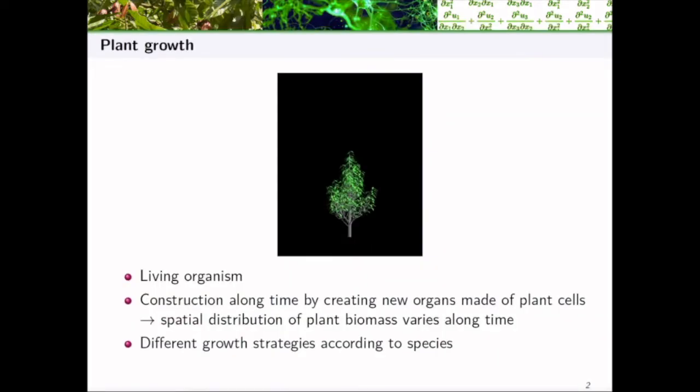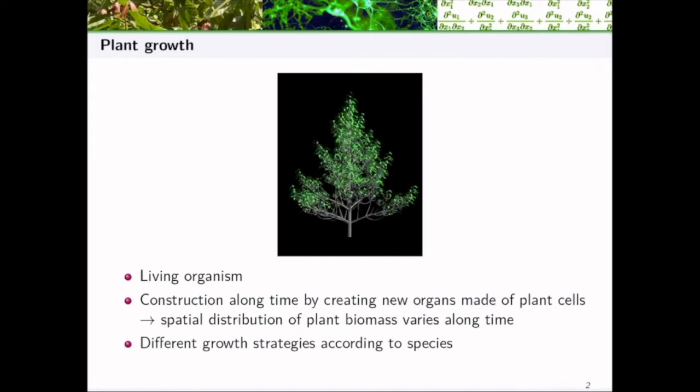First, what do biologists say about plants and plant growth? Plants are living organisms, and while animals are made of a few organs having well-identified and distinct functions, think about liver, brain, stomach, legs, eyes, plants are made of a lot of similar organs, leaf, shoots, root, fruits, with a restricted set of functions: mechanics, hydraulics, photosynthetics, and so on.